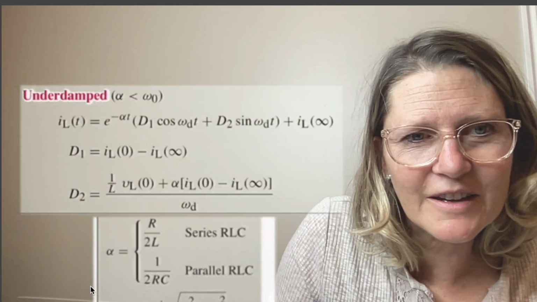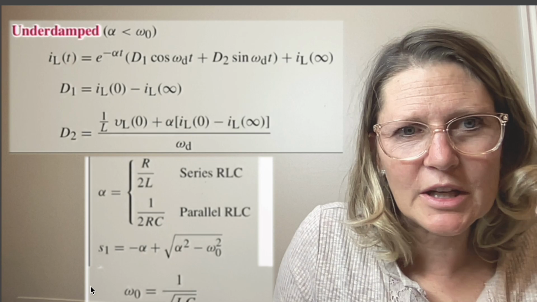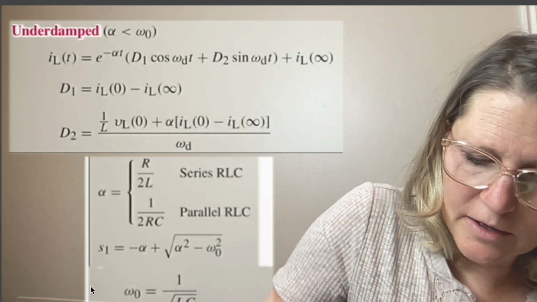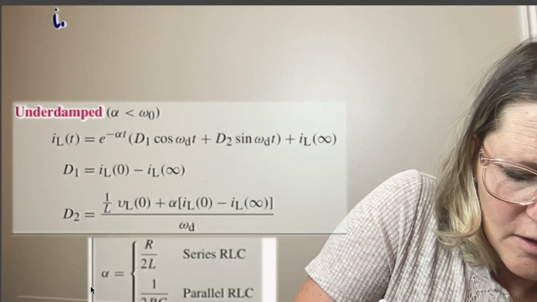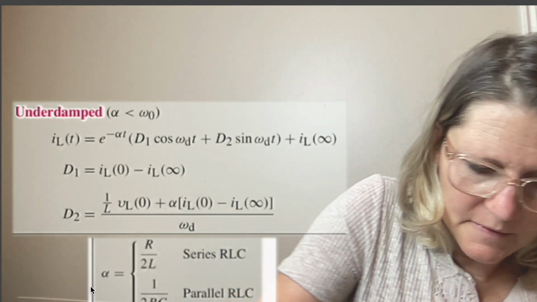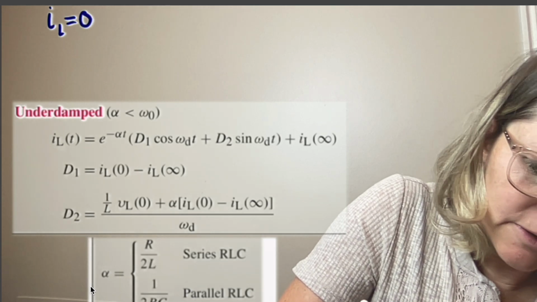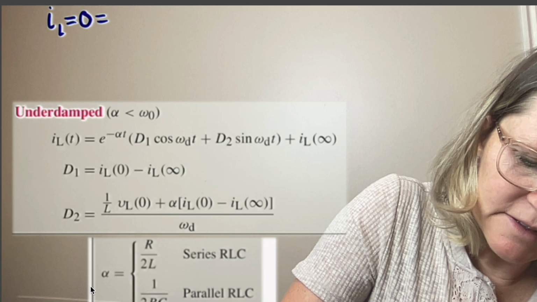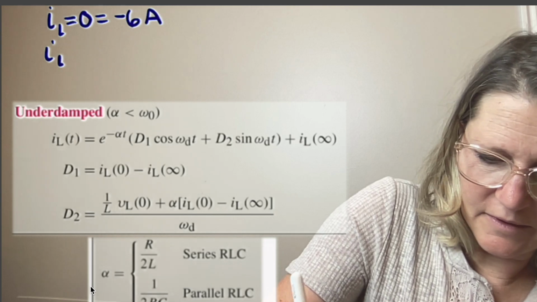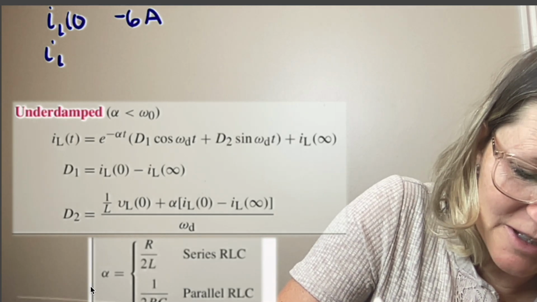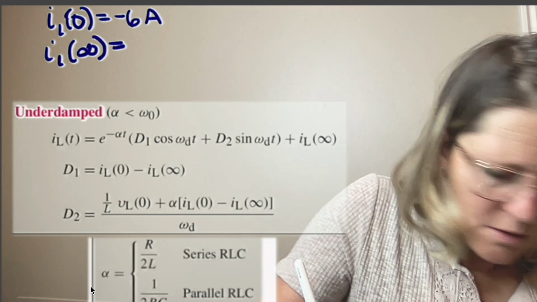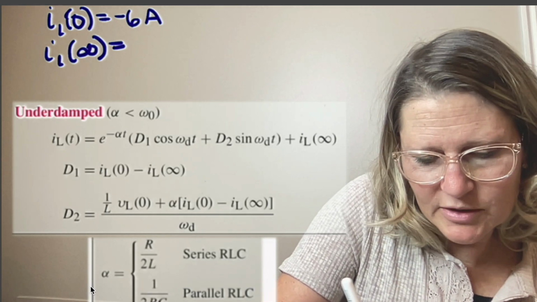So looking again at the equation, for this equation here, we need D1 and D2. And so IL of 0, right, all of the values that we found. So IL of 0 was a minus 6 amps. Sorry, this was miswritten, 0 was minus 6 amps. IL at infinity was, I think, 2 amps. Yeah, 2 amps.